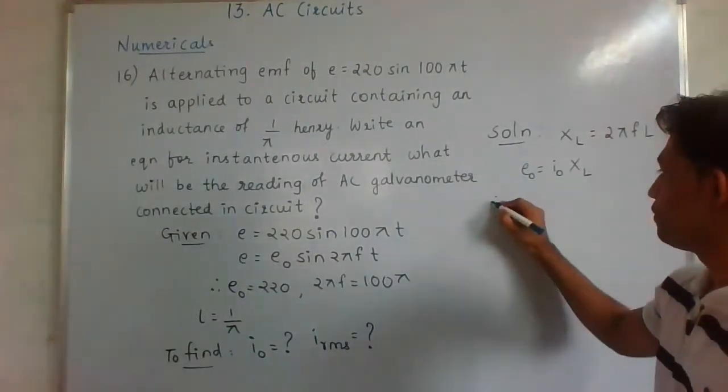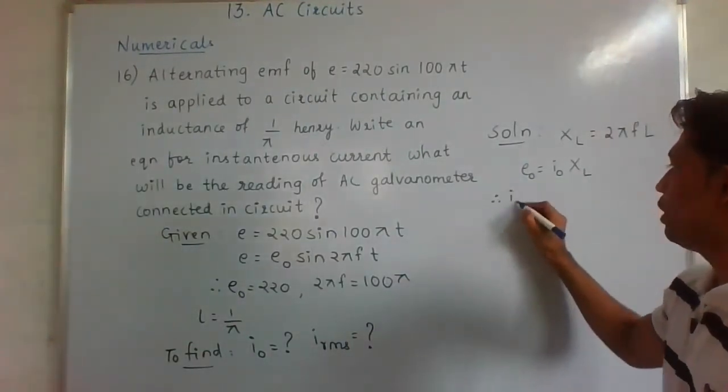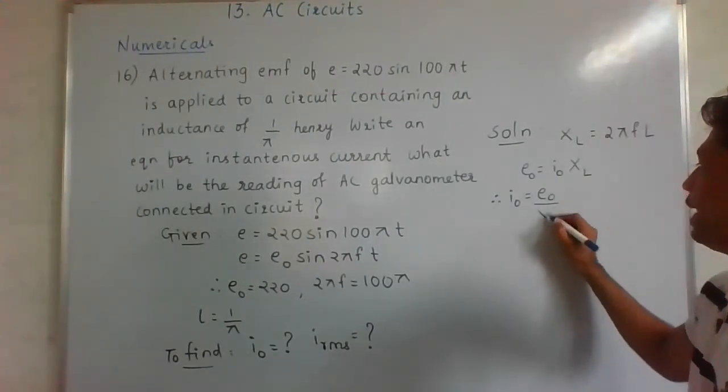So let's solve this. Therefore I naught is equal to E naught upon XL.